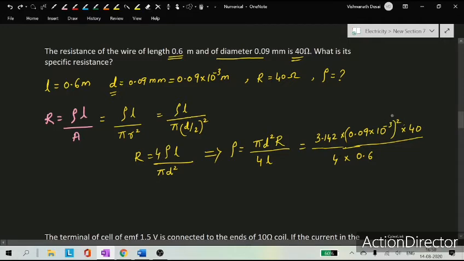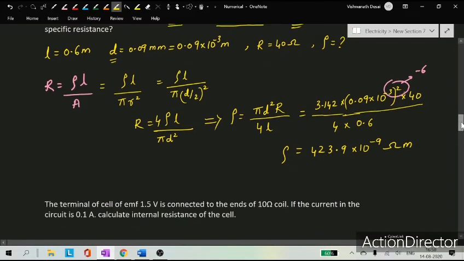Don't forget it. It becomes minus 6 power, and later you solve it and final answer you are going to get the value of rho is equal to 423.9 into 10 to the power minus 9. The unit of resistivity or specific resistance is ohm meter. Okay. So you need to use the calculator properly.